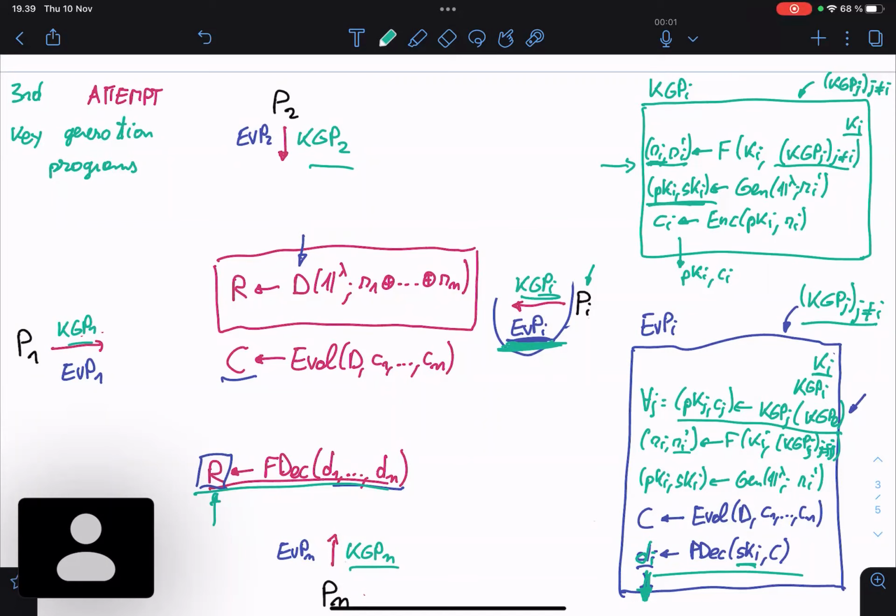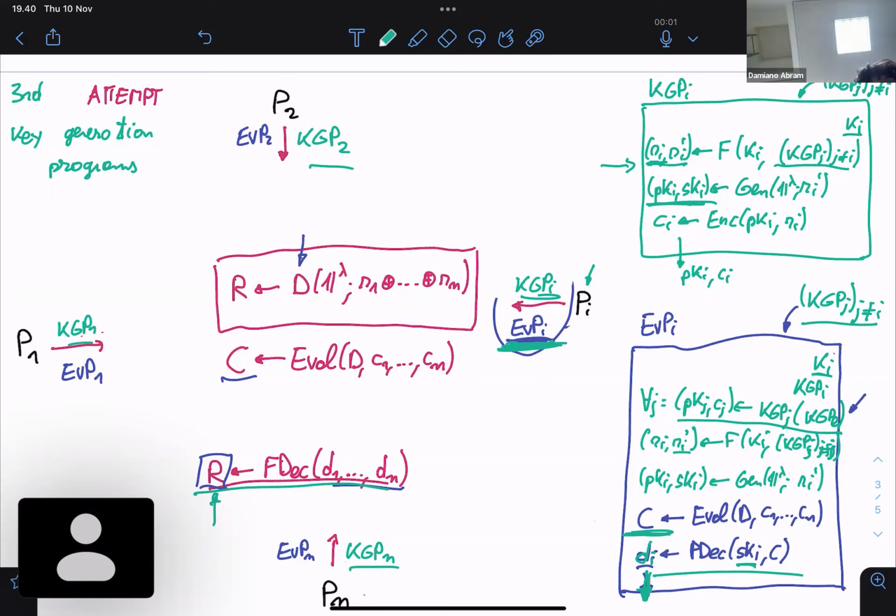So do I need other people's evaluation programs? I need the other people's evaluation programs because I need to derive the public keys and the ciphertext of the other parties so that I can recompute the encryption of the output. But that depends on the key generation program, right? Yes. I'm confused, what is the question? The question is, do I need to obtain other people's evaluation programs?